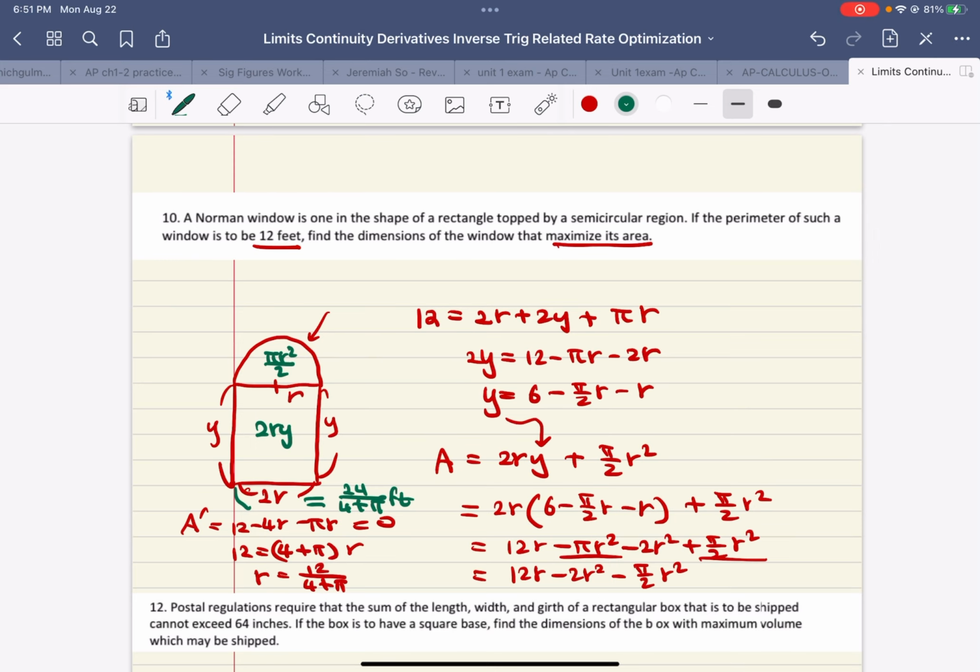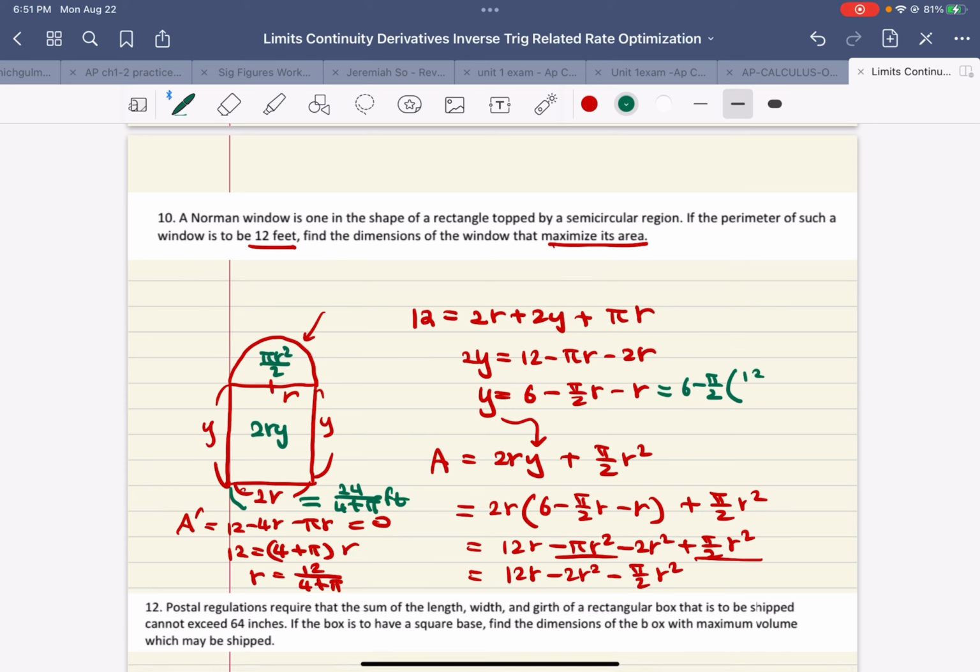Now I'm going to find the y value. You can use it from here. So 6 minus pi over 2 times r, where r is 12 over 4 plus pi, minus r itself, 12 over 4 plus pi. And this one you can reduce to 6. Now the common denominator is 4 plus pi, and only 6 here, so you multiply through.